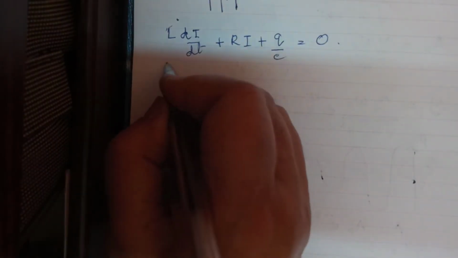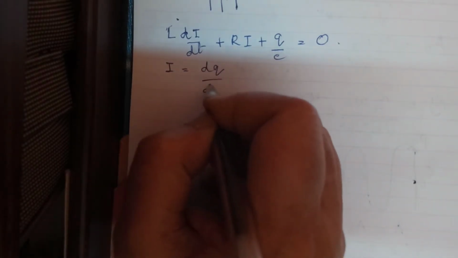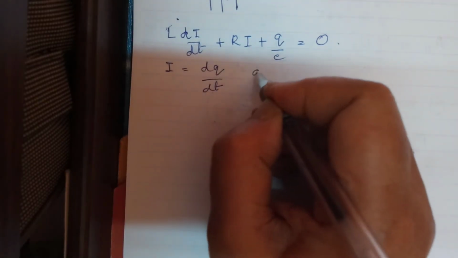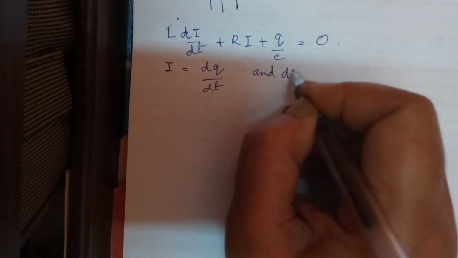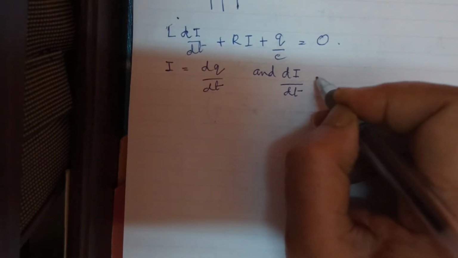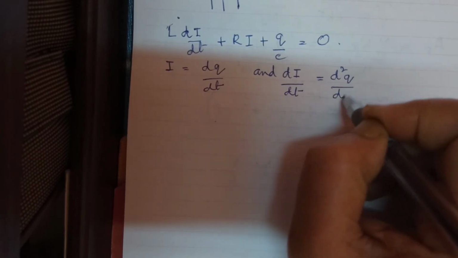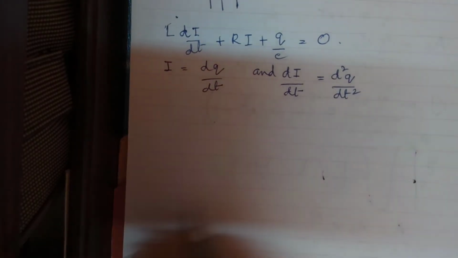Now I is equal to dq/dt and dI/dt is equal to d2q/dt square.